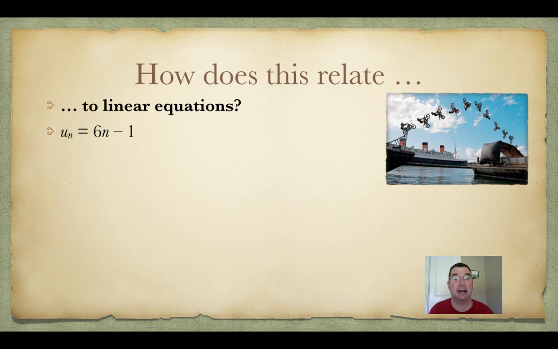And anytime the highest exponent in an expression is 1, then you have a linear relationship. So that would be the same thing as y equals 6x minus 1. And if I graphed the term number and the actual term on a graph, those dots would join up to make a line. So that's kind of how it relates to linear equations. I just kind of wanted to link that.